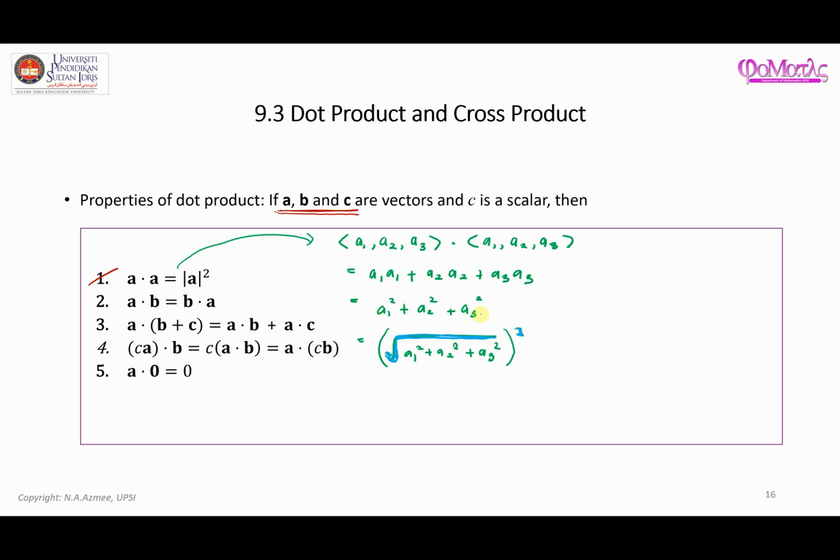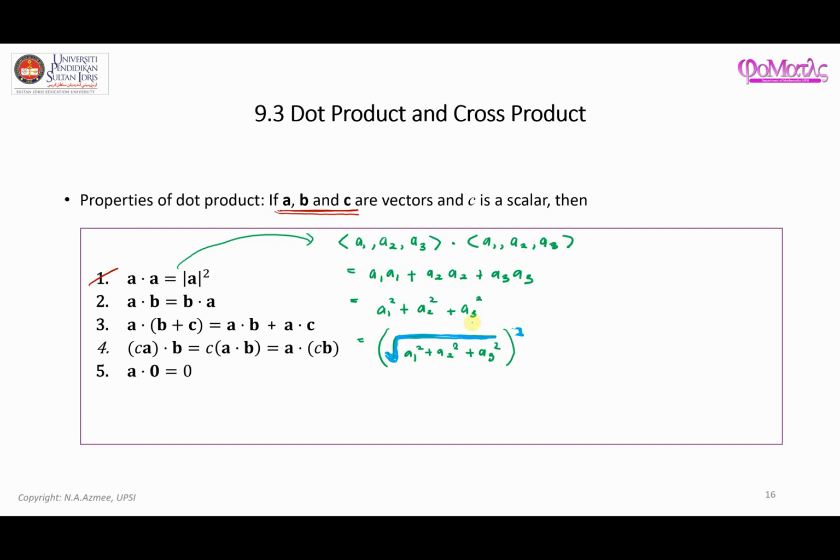By introducing the square root and the square at the same time, I'm not changing anything.